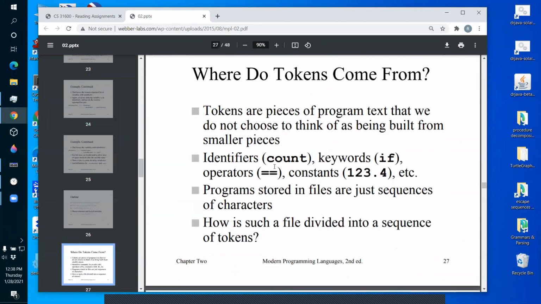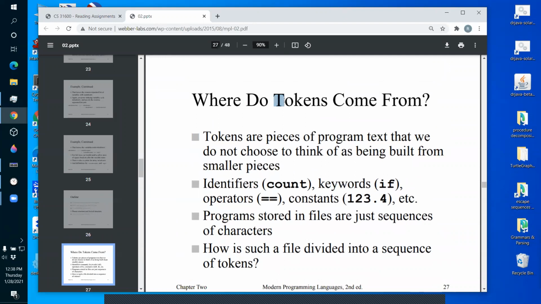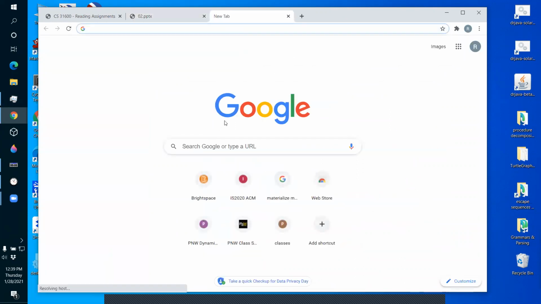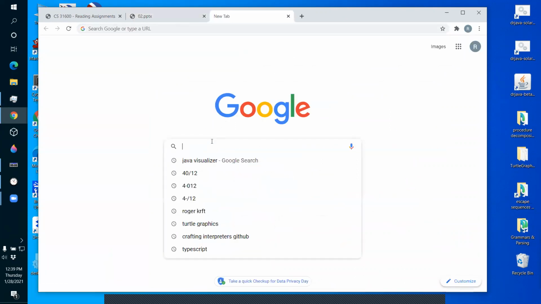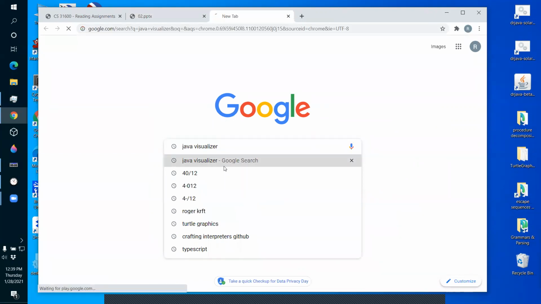Here's where he starts talking about the idea of tokens. What do we mean by a token? Let me give you an example of how the idea of a token matters.